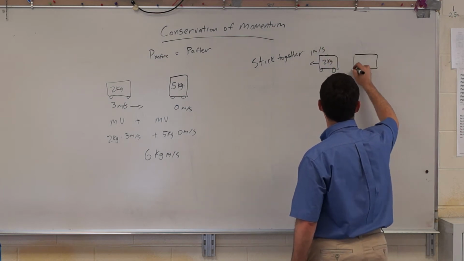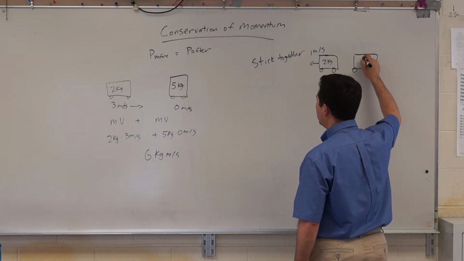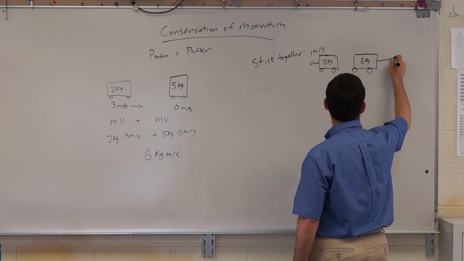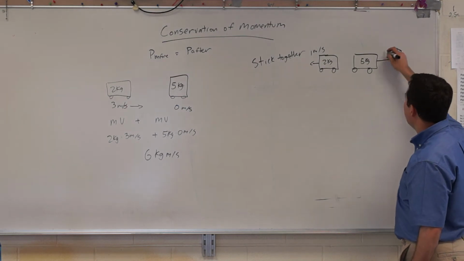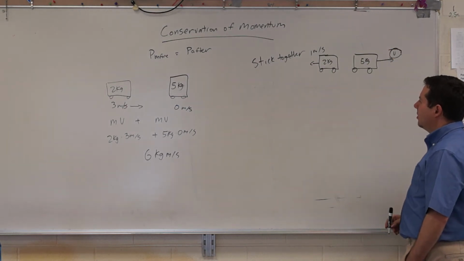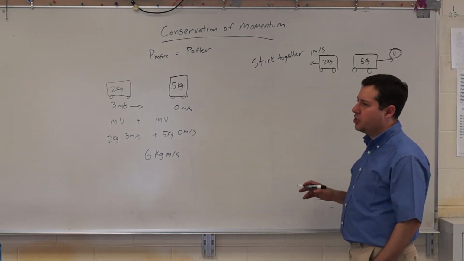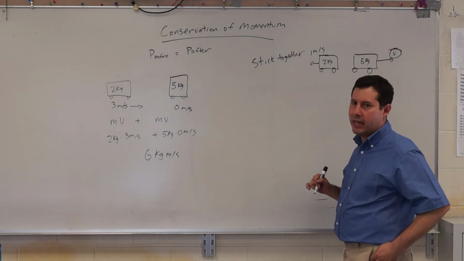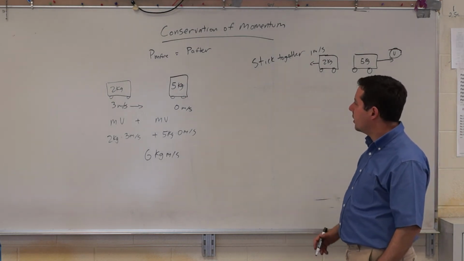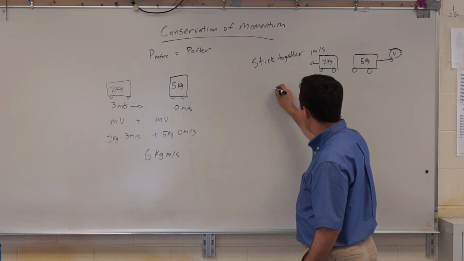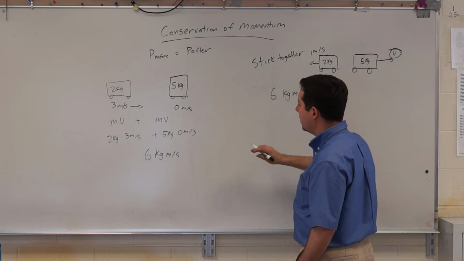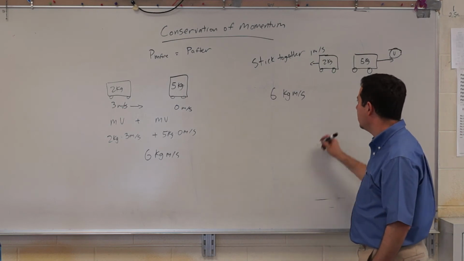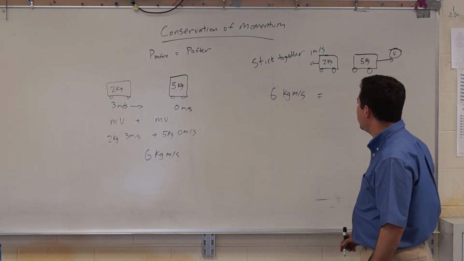And car 2, the 5 kilogram car, is going forwards at some unknown velocity. And we want to figure out what this velocity is. I'm not quite sure if the energy works out with this, but I'm not going to worry about that now. Right now I'm just going to focus on conservation of momentum. So we know that the total momentum is still 6 kilogram meters per second, because that's what it was before the collision. So what is it afterwards?